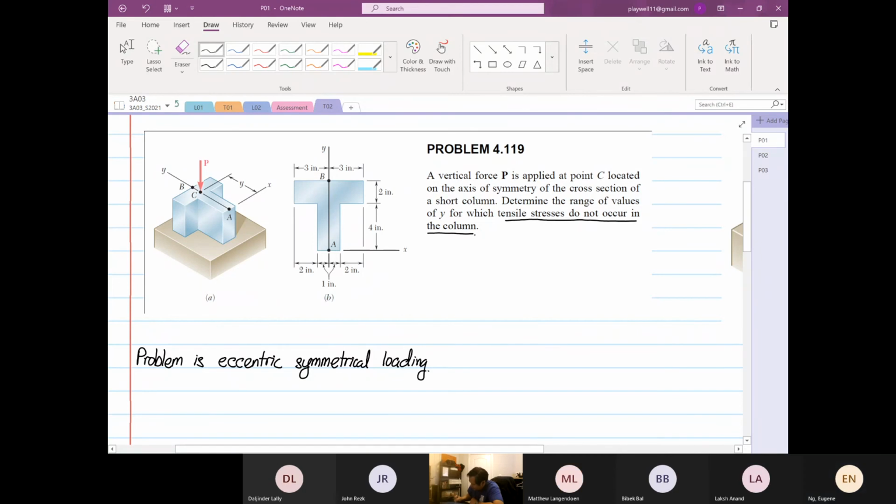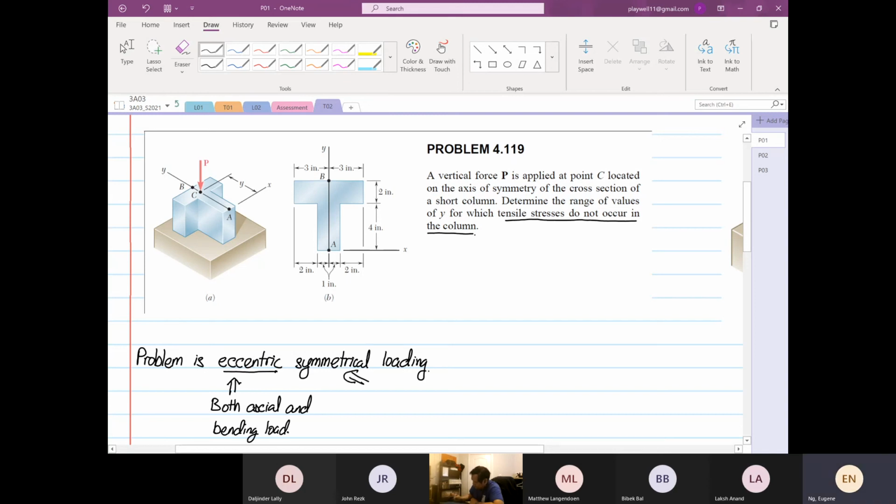And why is it eccentric? Because we have both axial and bending load.